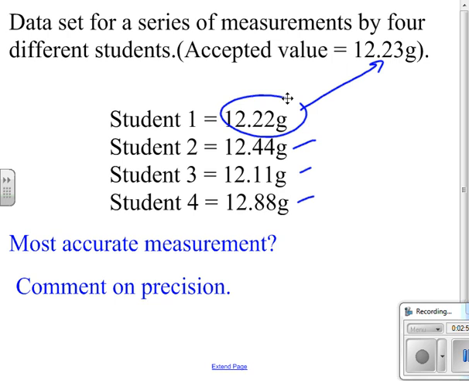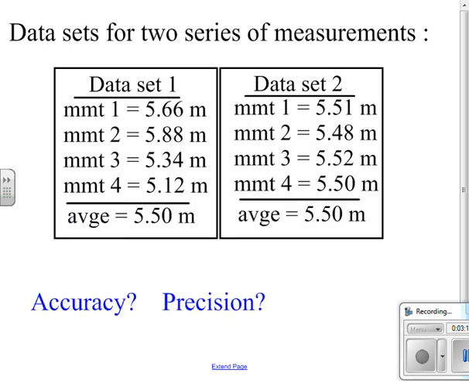So they're fairly spread out. They're not getting the same measurement over and over again. If we got 12.22, 12.23, 12.21, 12.21, then we'd say they are fairly precise because all the measurements are very similar to each other. So again, accuracy and precision are different things.